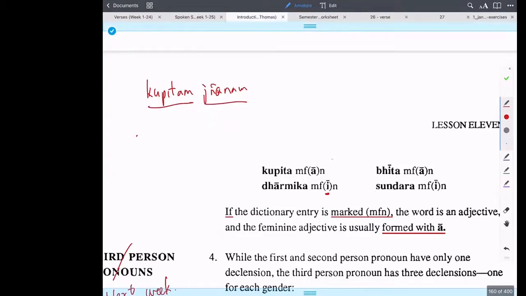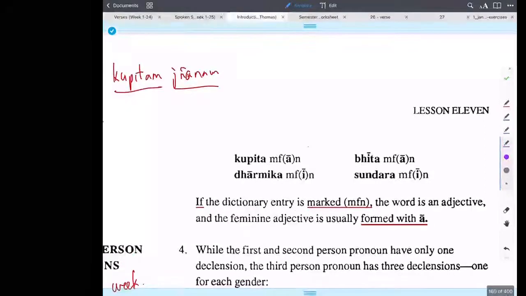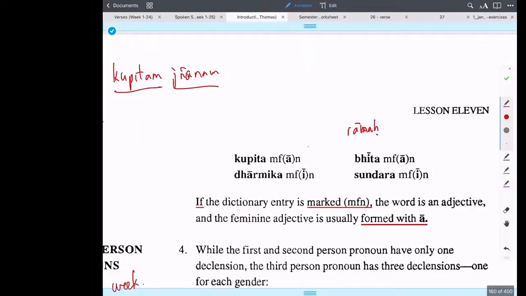Don't say dharmika sita. You say dharmiki sita. And it's a long e. Rama is afraid. Ramaha bhitaha asti. Why?